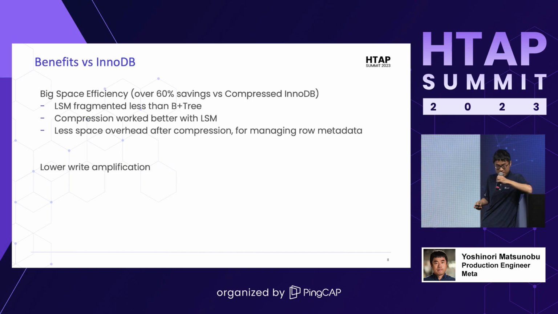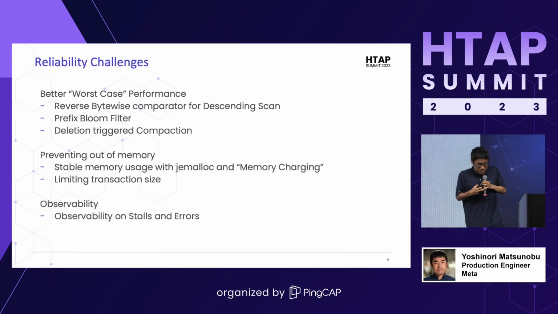But space efficiency was the big motivation for us. In general, an LSM database is more efficient for space, write performance and write amplification, but it generally costs more for reads. And we spent a lot of time improving the read performance.